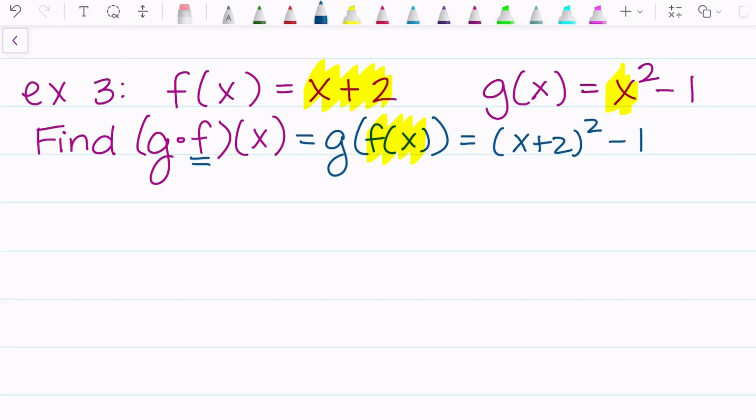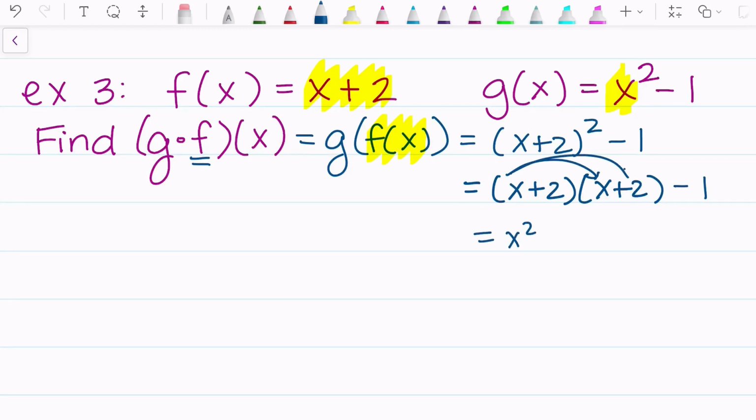The most common student error is that students love to just try to distribute that 2, and you cannot do that. That is not allowed. When you square a binomial, you have to multiply it by itself by writing it out twice, and then you need to distribute, or as some teachers call this, FOIL. x times x is x squared, x times 2 is 2x, 2 times x is 2x, 2 times 2 is 4.